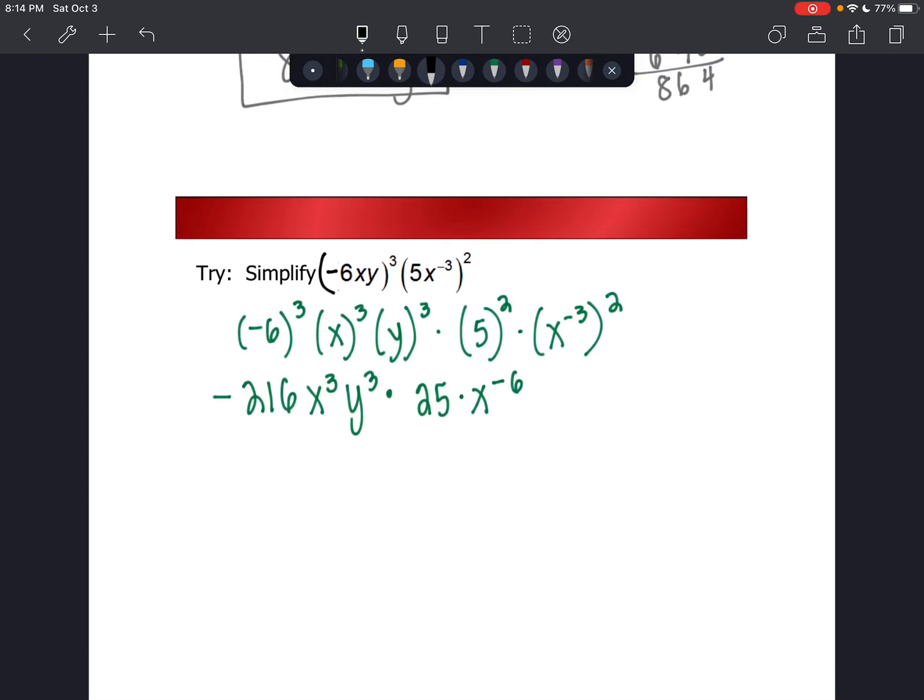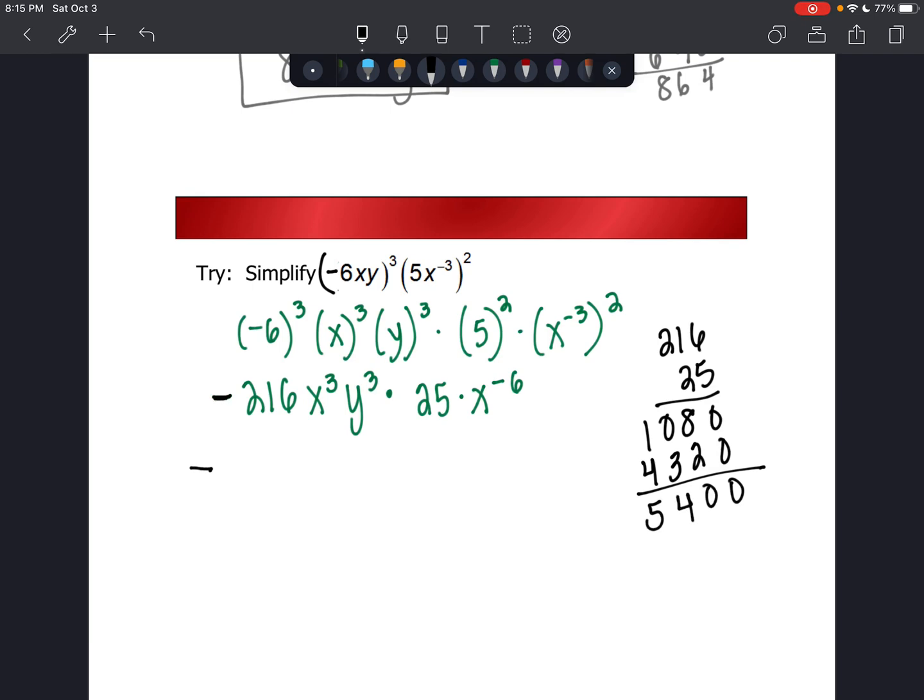So we have negative 216 times 25. That's going to be 1080 first, and then when I take 216 times 20, I get 4,320.